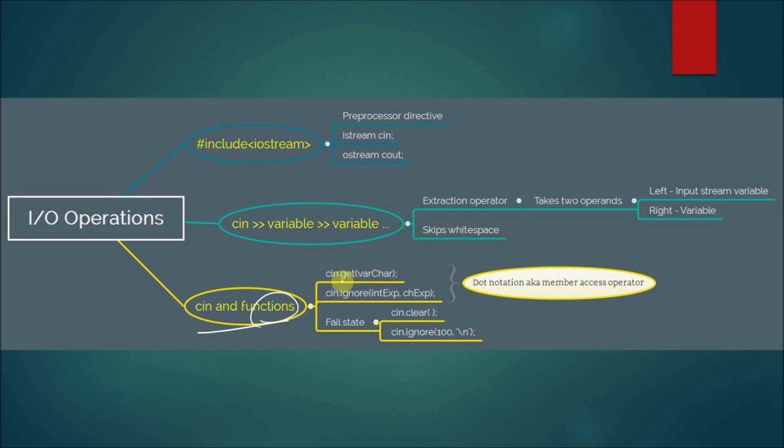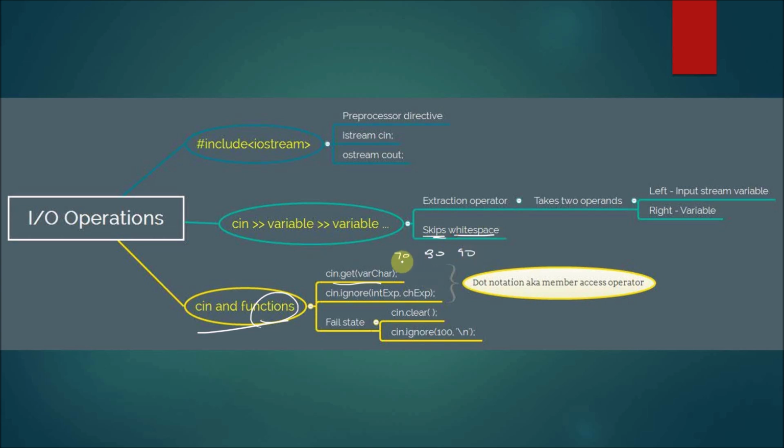cin.get(varChar). With cin.get, what happens here is that sometimes before, when we entered in our data, what was it, like 70, 80, 90, remember C++ is going to skip white spaces.